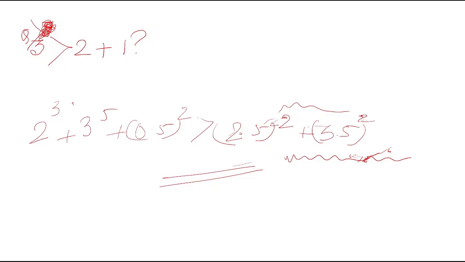Okay, let's solve the next problem. 2 to the power 3 plus 2 to the power 5 plus 0.5 whole square greater than 2.5 whole square plus 2.5 whole square. Right? So you have to assign the variables accordingly and solve it in MATLAB.